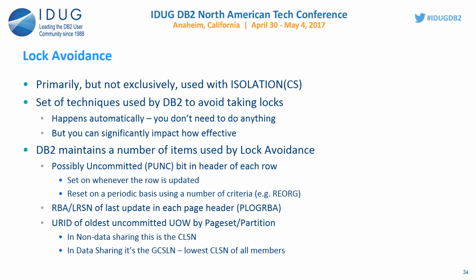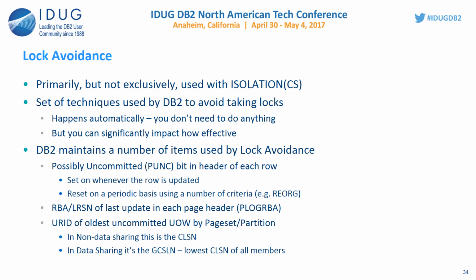And DB2 basically records the URID of the oldest uncommitted unit of work in a subsystem. Now in a non-data sharing system, it's called the CLSN, or commit log sequence number. In data sharing, it's the global commit log sequence number, the GCLSN, which is the oldest CLSN of all the members.